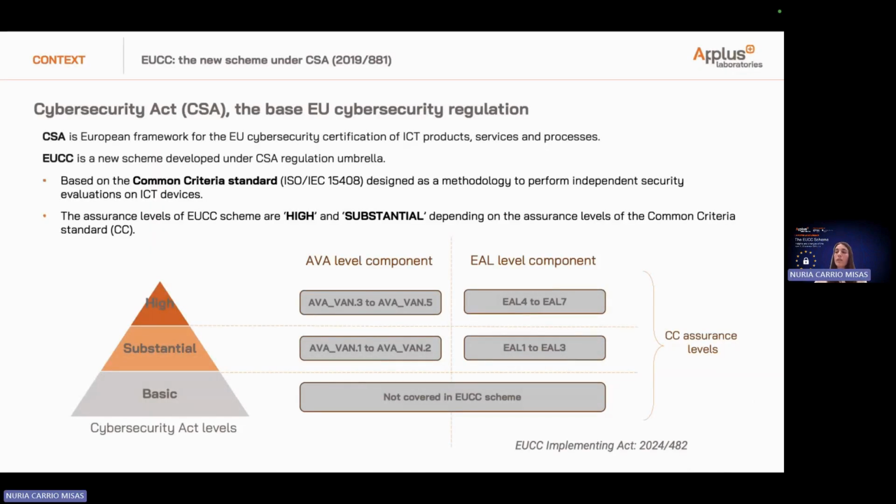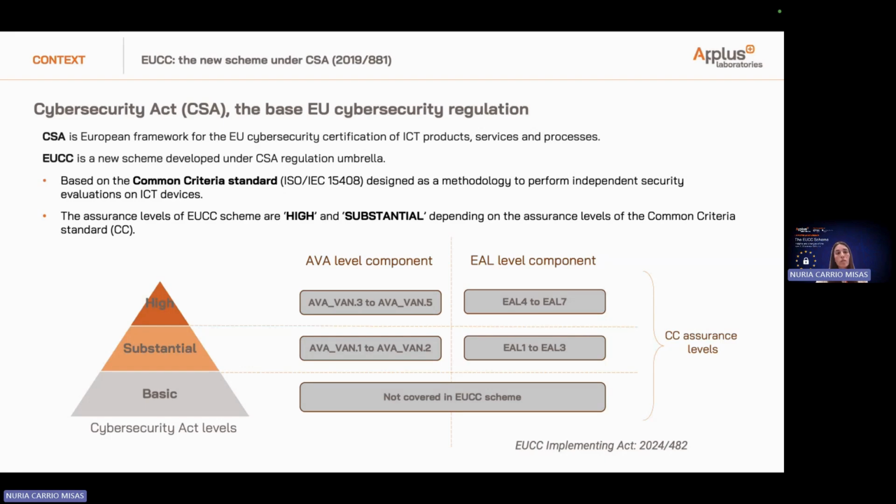So let's put some context and see where the EUCC comes from. Well, the EUCC scheme originates from the Cybersecurity Act, the CSA. This is officially known as Regulation 2019/881 and entered into force in June 2019. This regulation established a unified framework for cybersecurity certification across Europe.